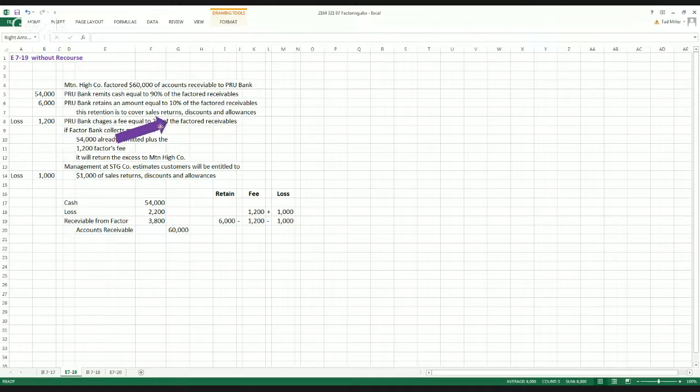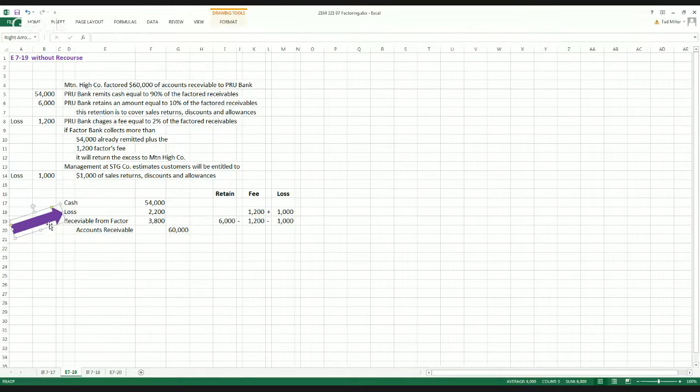In this case, Prue Bank charges a 2% fee, so we know that $1,200 we're never going to see back. So of the $6,000, we're not going to see $1,200 of it. Management again estimates that there'll be some returns, allowances, and discounts, and they estimate that to be $1,000.